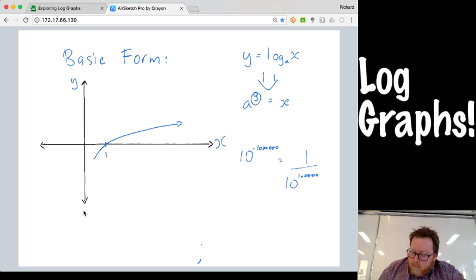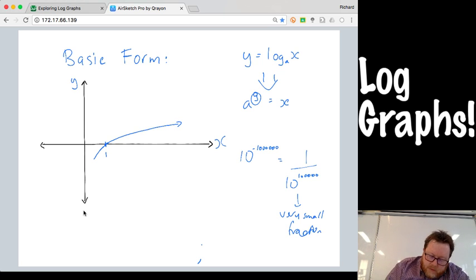And that makes it a very small fraction. So what does that mean? That as y approaches negative infinity, x is approaching 0 but never gets to 0.